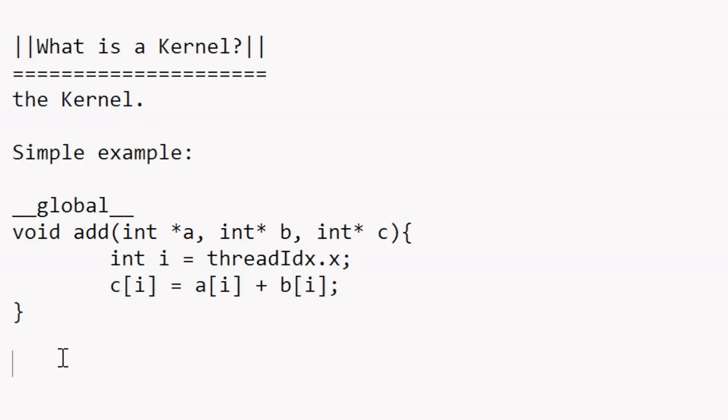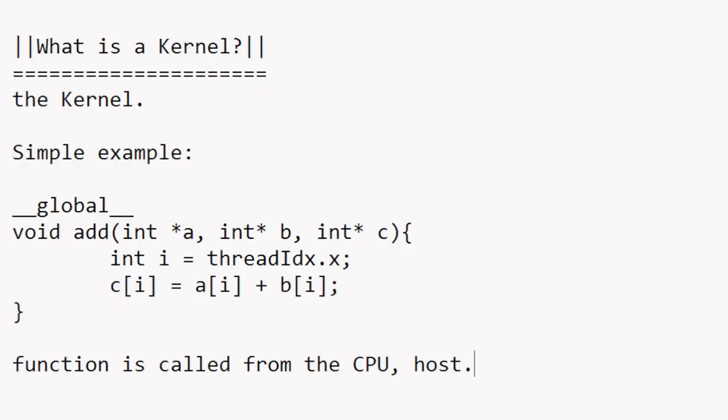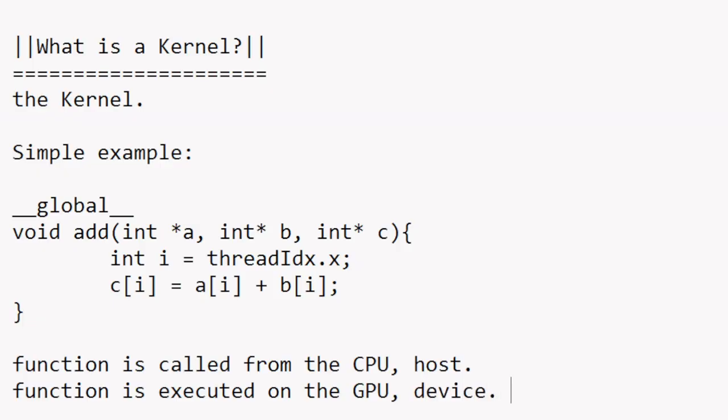The function is called by the CPU, sometimes also known as the host, and the function is executed on the GPU, also known as the device. So unlike a normal C++ function, a kernel runs on the GPU, so it can be executed by many threads at the same time.